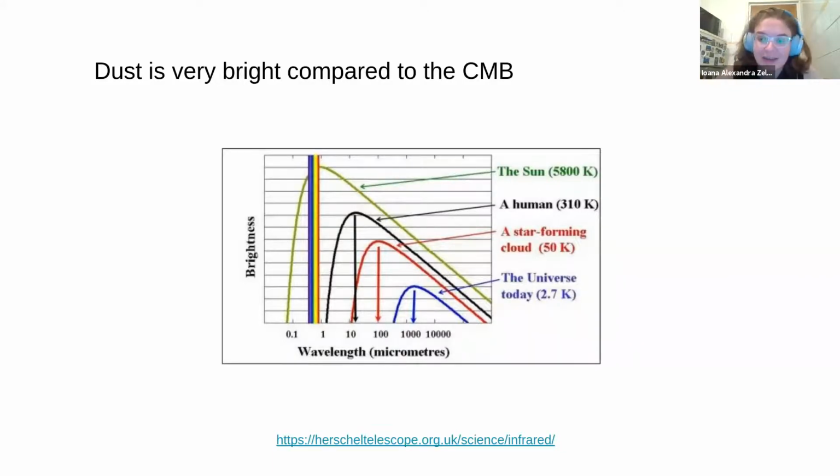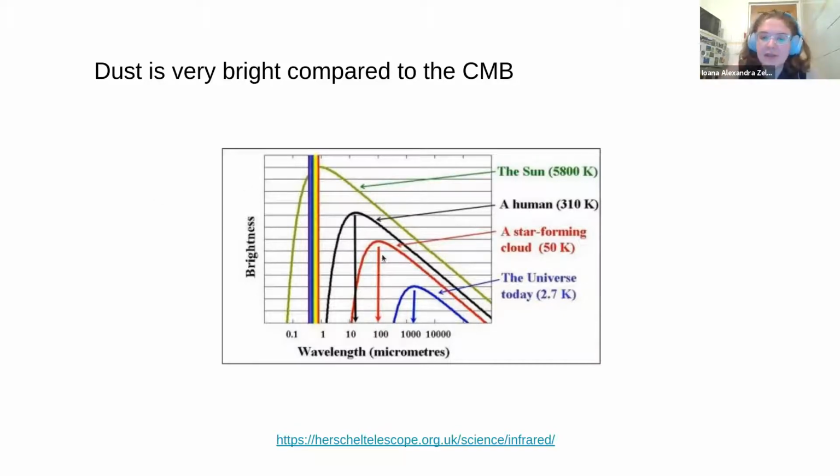We refer to the CMB here, which is radiating at 3 Kelvin. As we said, a higher temperature means a higher amount of radiation, and dust can range between 30 Kelvin, even up to 50 Kelvin temperature. So that's much higher than the universe temperature of 2.7 Kelvin.